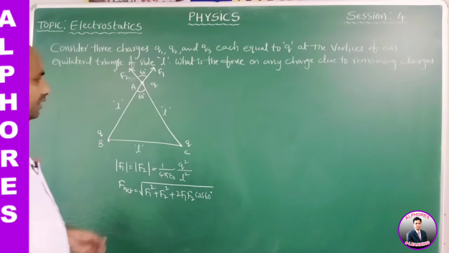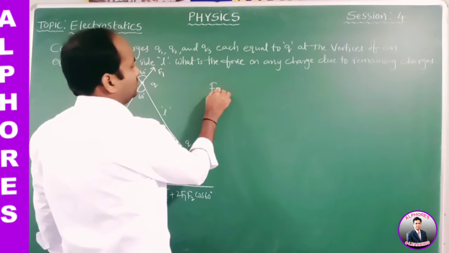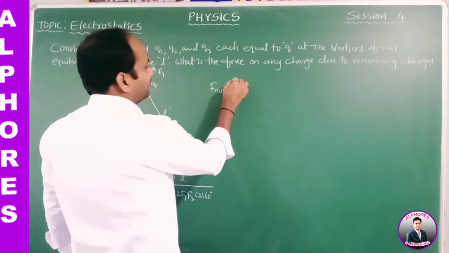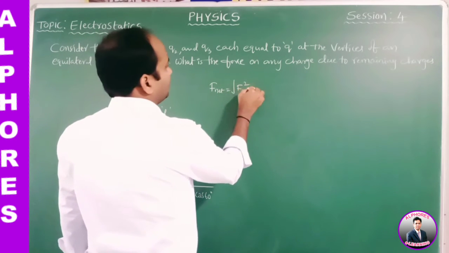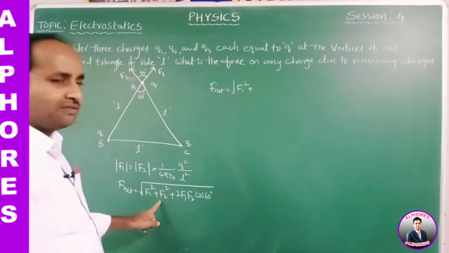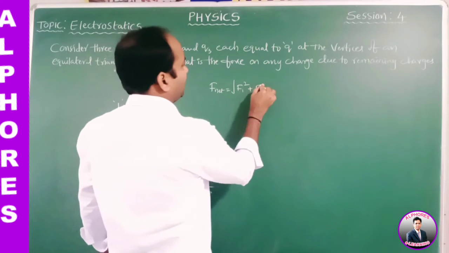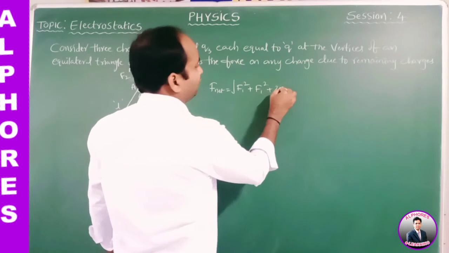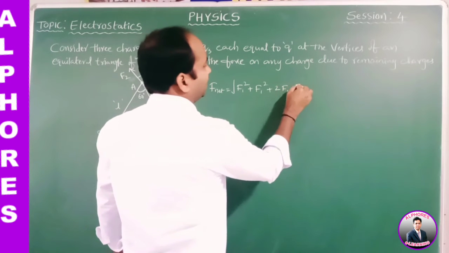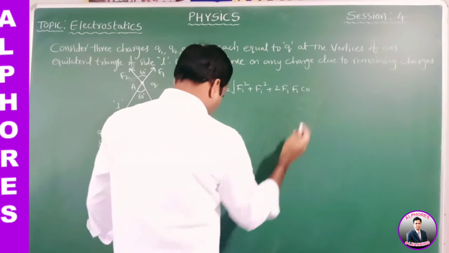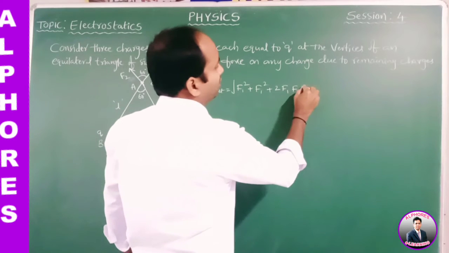Therefore F net is equal to under root of F1 square plus, instead of F2 again we may write F1, F1 square plus 2 F1 F1 cos 60. Cos 60 value is 1 by 2.